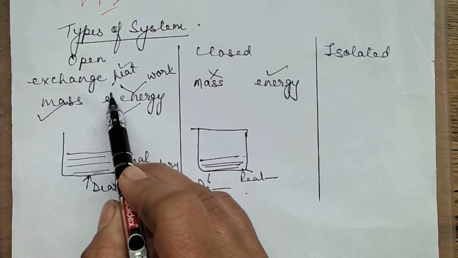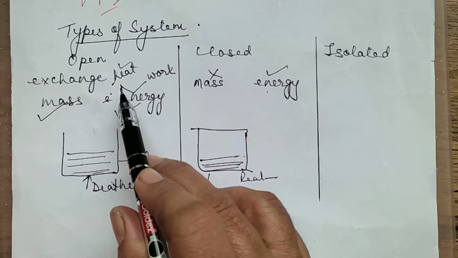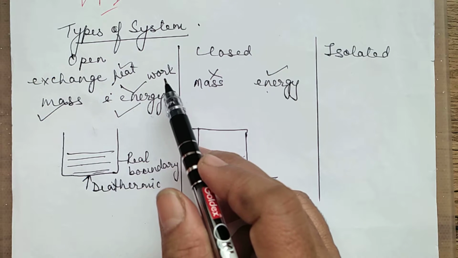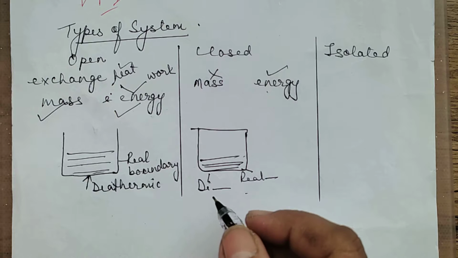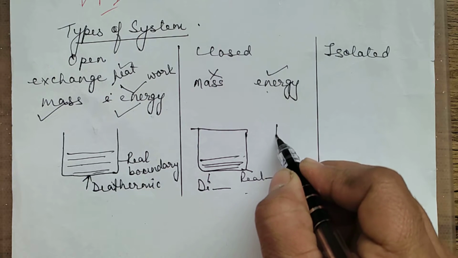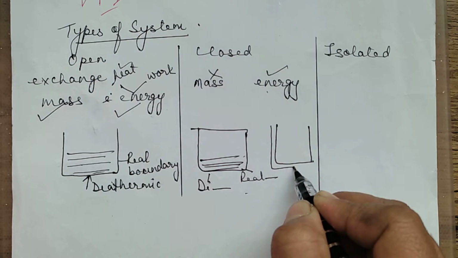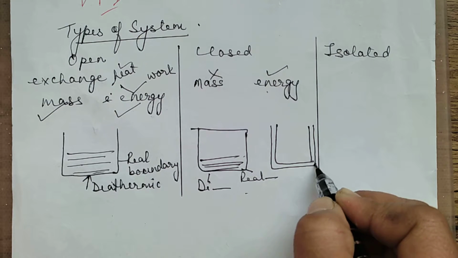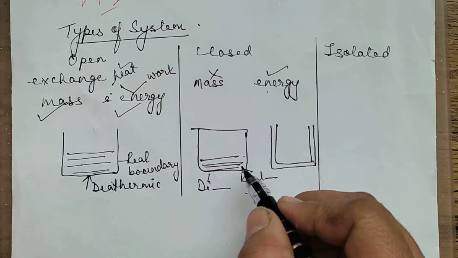Again, as I told you, the energy can either be in terms of heat flow or it can be work. Now, sometimes another question is asked. Suppose you take a container with an insulated wall. You have not taken diathermic; it cannot allow the heat to flow.